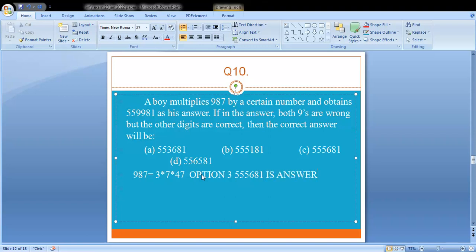That's all. It is very simple because we are checking the sum of the digits for divisibility by 3. So this number 555681 is divisible by 3, is divisible by 7 also, and is divisible by 47 also.